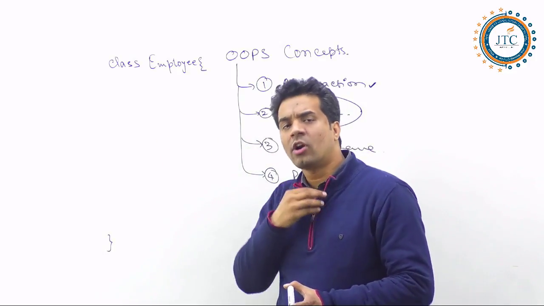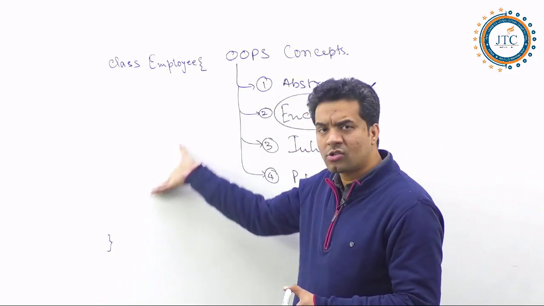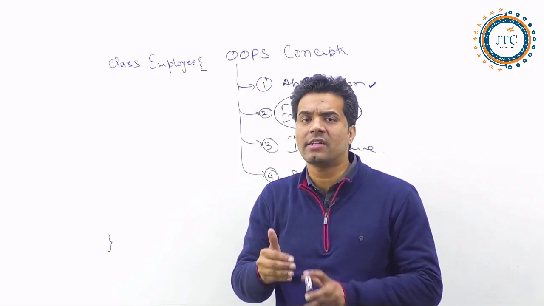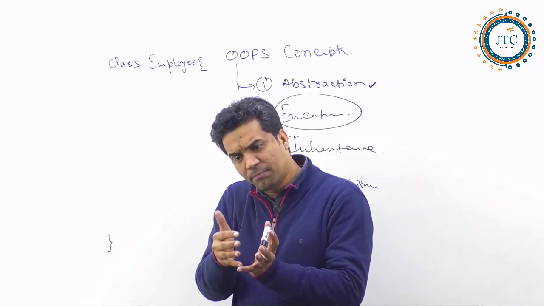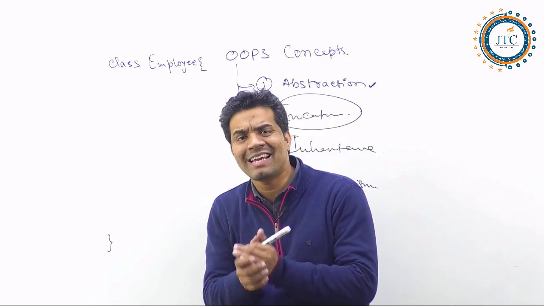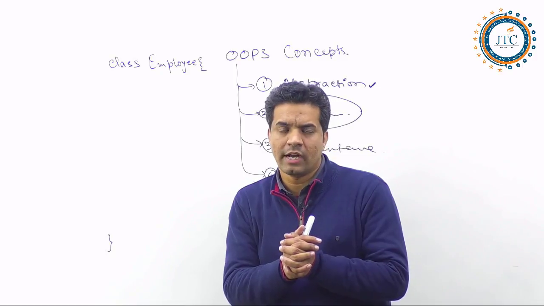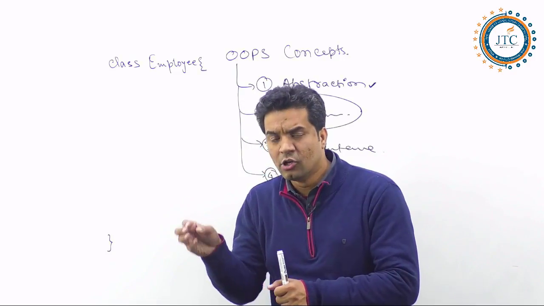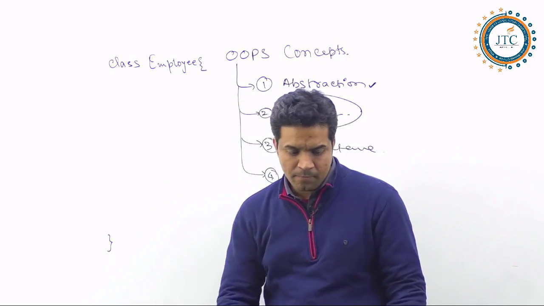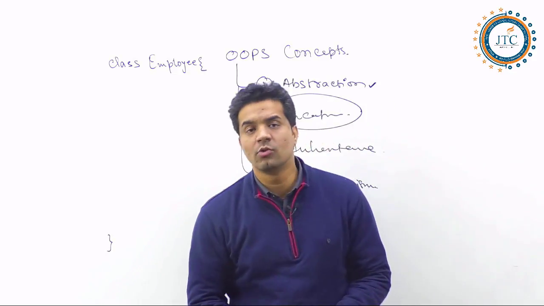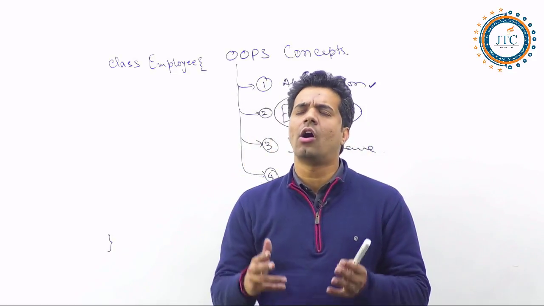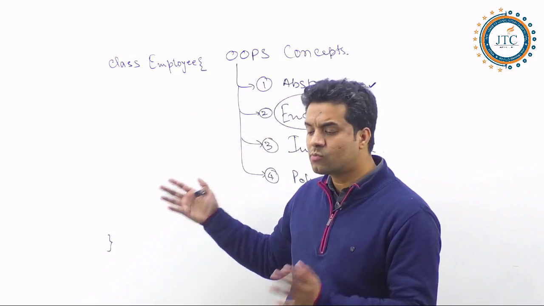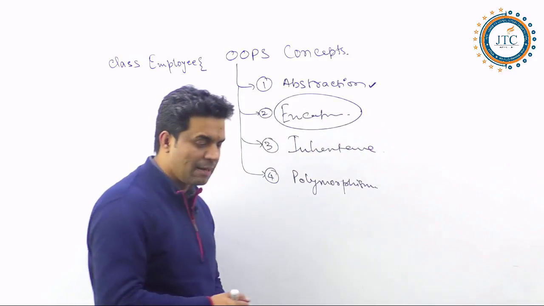The properties you want to write, you write inside this class with proper access modifiers, or in simplified words, accessibility, the visibility modifiers. Which one is going to be public, which one private, which one protected, all these different sorts of members we define, and that is what we call encapsulation.